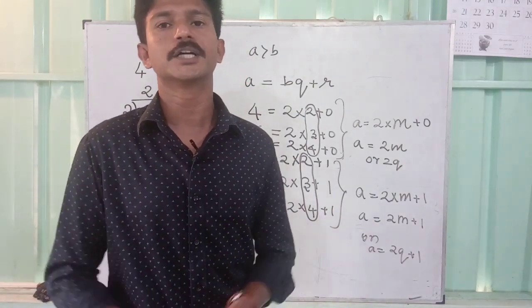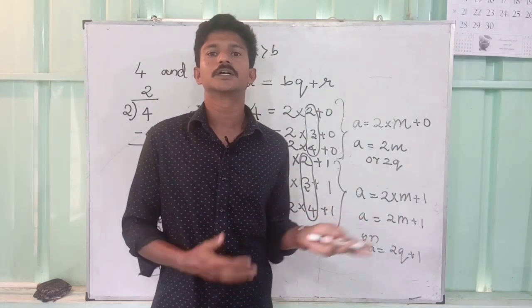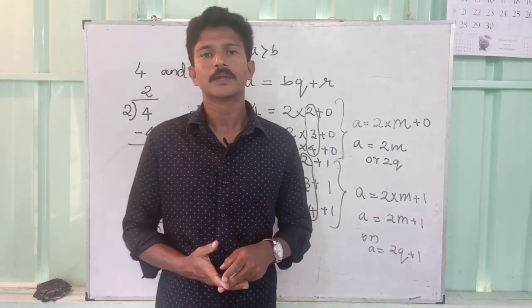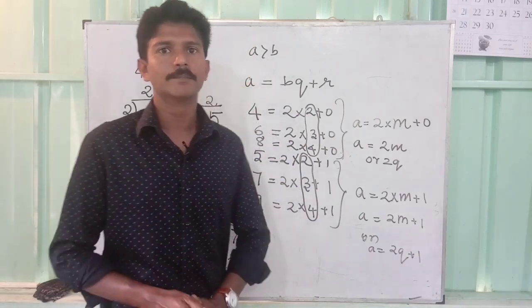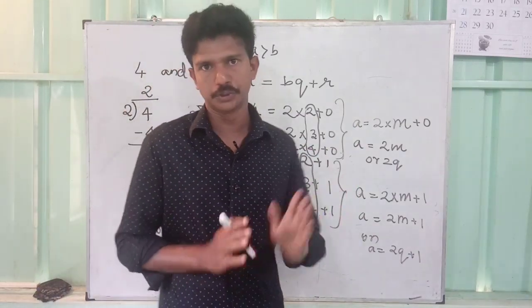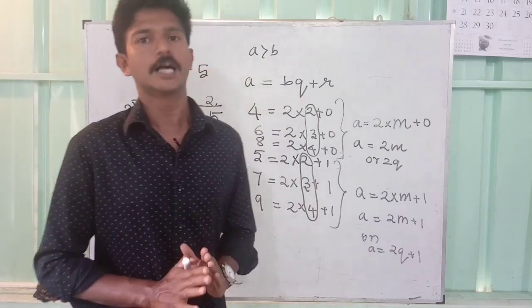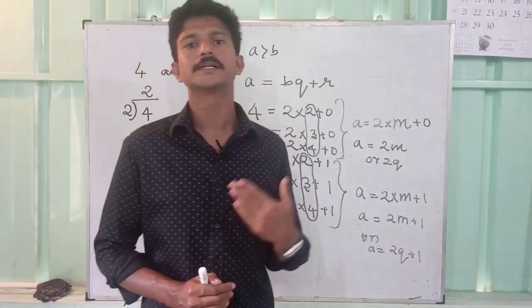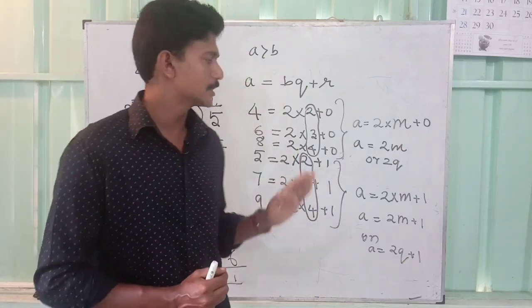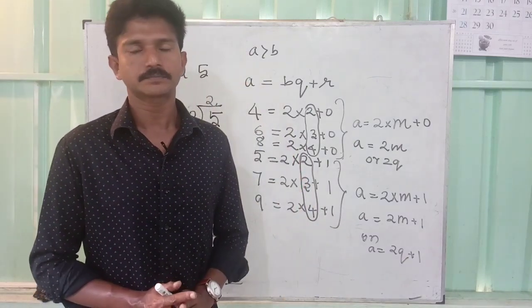Yes, of course you can use any alphabet. You can use a different alphabet for it. But it is a common practice we are using m or q. Don't be confused with those alphabets. Try to understand and keep in your mind that this is the format of it.